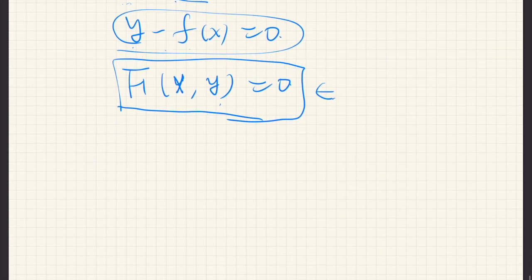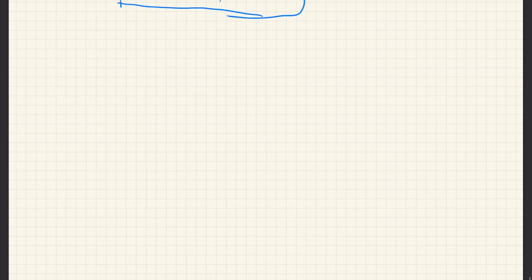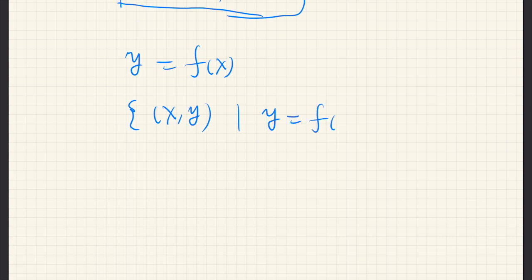Let's put it in another way. Let's consider the usual explicit function, y equal to f of x. Then consider the graph of this function. That is defined as a set in two-dimensional space where y is equal to f of x. So this is the graph of this function, right?